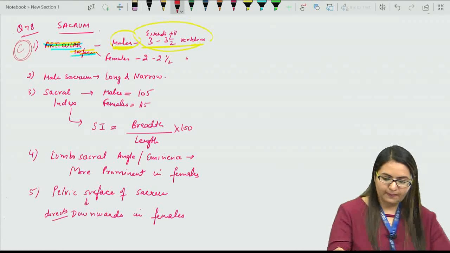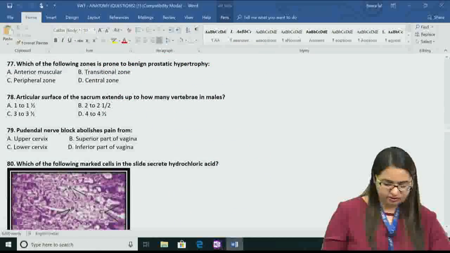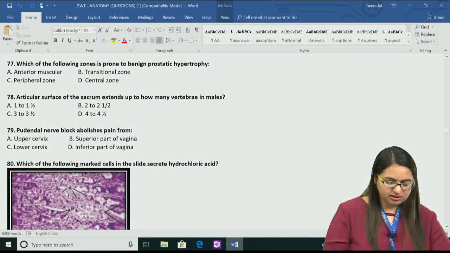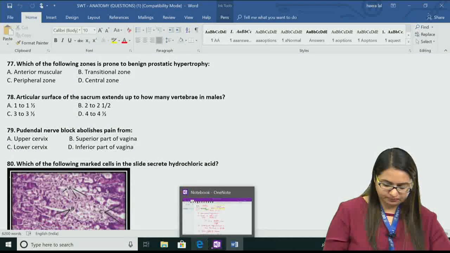Answer is C. The next question, question 79, says that a pudendal nerve block abolishes pain from the inferior part of the vagina.